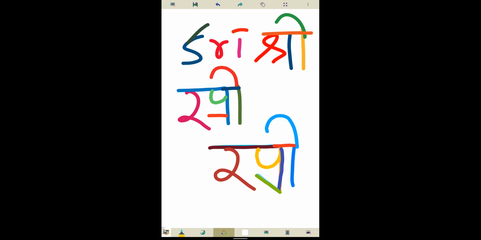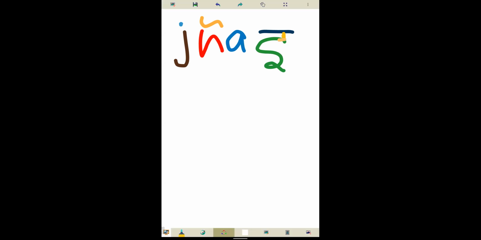And we have another variant also, Gnya. I'm talking about this Gnya. As I told you in the very beginning, this is Gnya. Already we have seen.